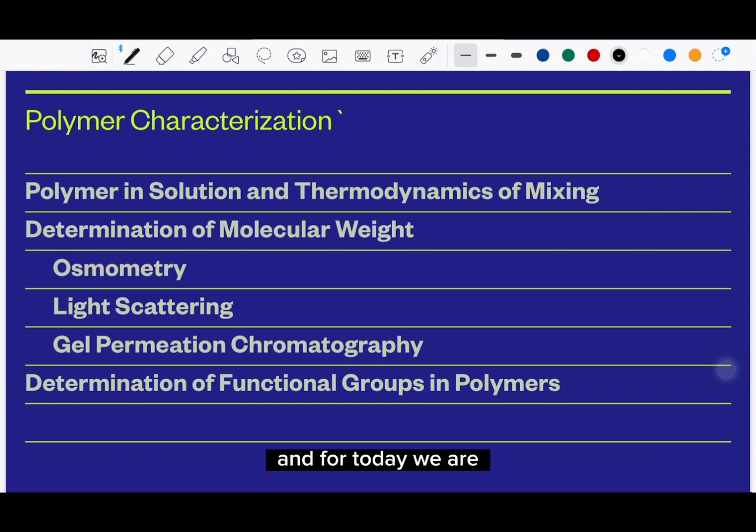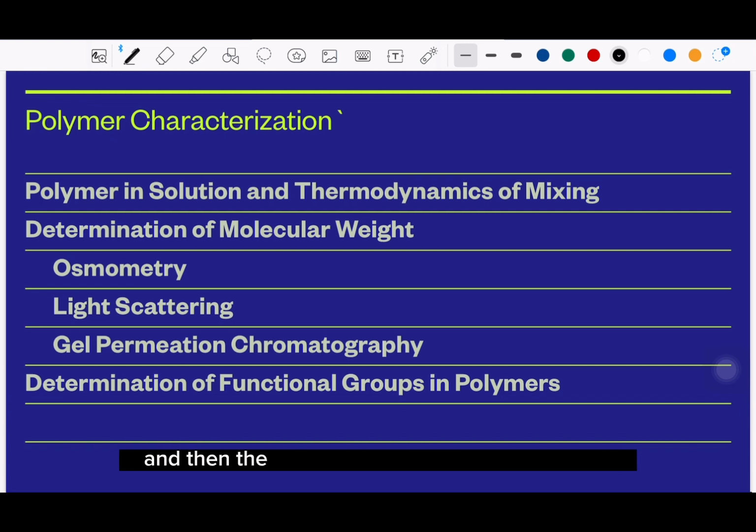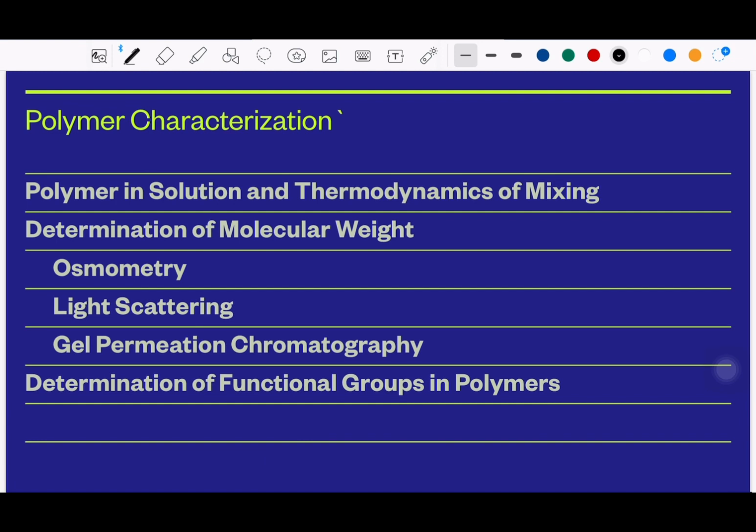For today, if we take a good time for learning, my plan is maybe up until light scattering, and the remaining two will be on Thursday, and that's it for our course. Next week will be the final exam, next Monday.